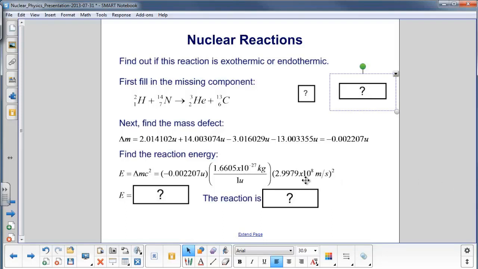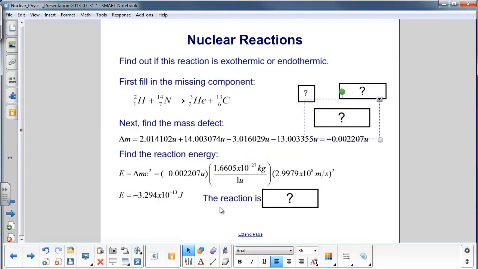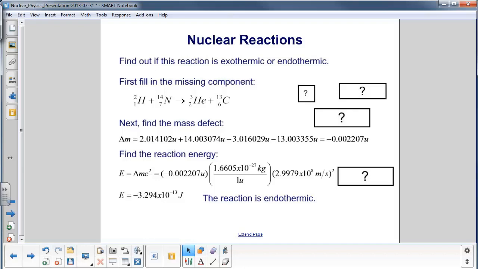We square it, and then we find that Q, the reaction energy, is minus 3.294 times 10 to the minus 13th joules. Since that's a negative Q, a negative reaction energy, it is an endothermic reaction. More energy has to be put into this than comes out at the end.